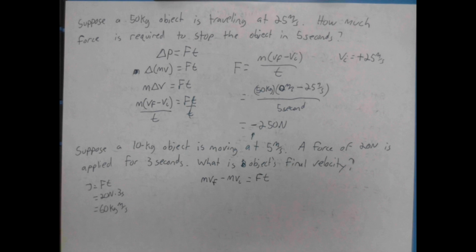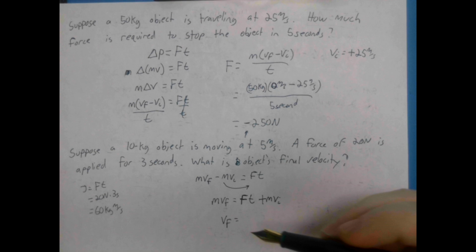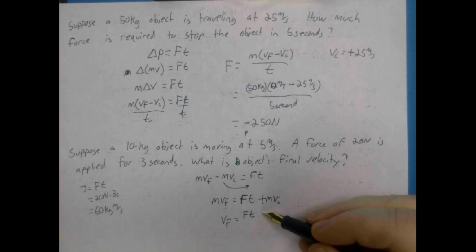Force times time plus mass times initial velocity. And then we divide by mass. So final velocity equals force times time plus mass times Vi, divided by mass.